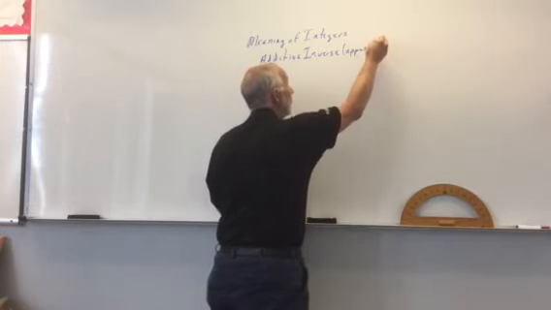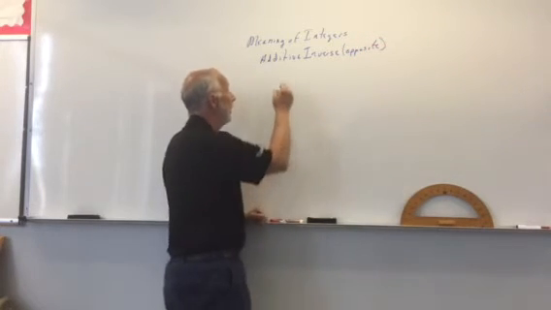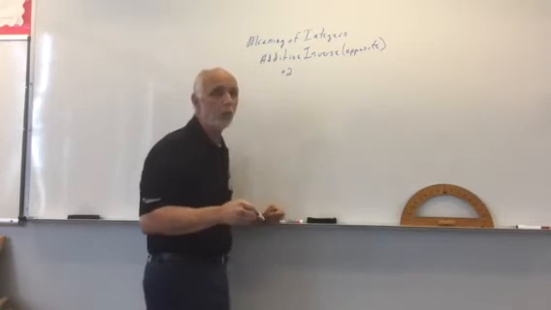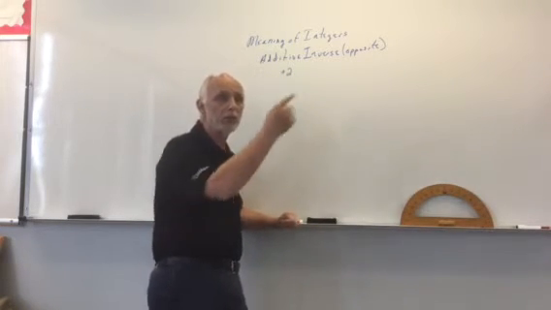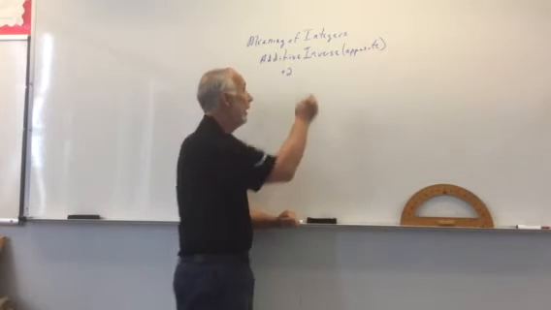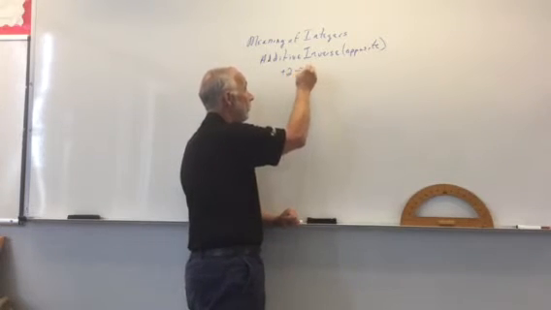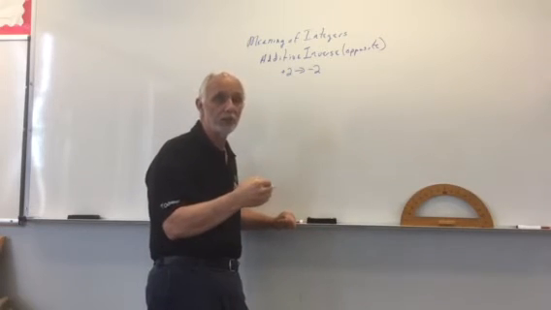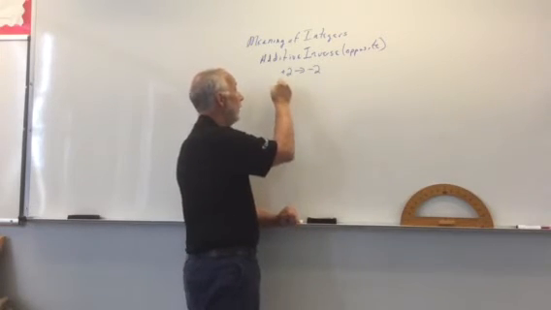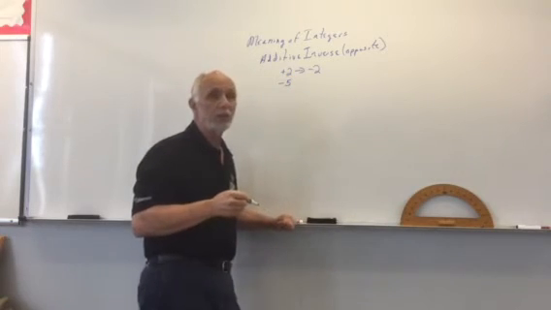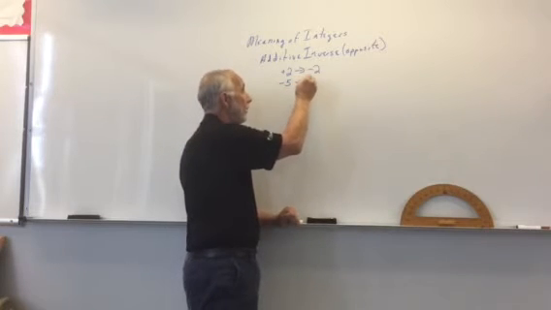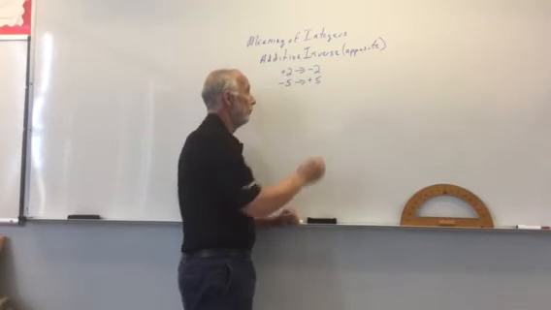So, if I wanted the additive inverse of a positive 2, I want the opposite of 2 places to the right of 0. And the opposite of 2 places to the right of 0 would be a negative 2, which is 2 places to the left of 0. Or if I wanted the additive inverse of a negative 5, what's the opposite of 5 places to the left of 0? That would be 5 places to the right of 0.